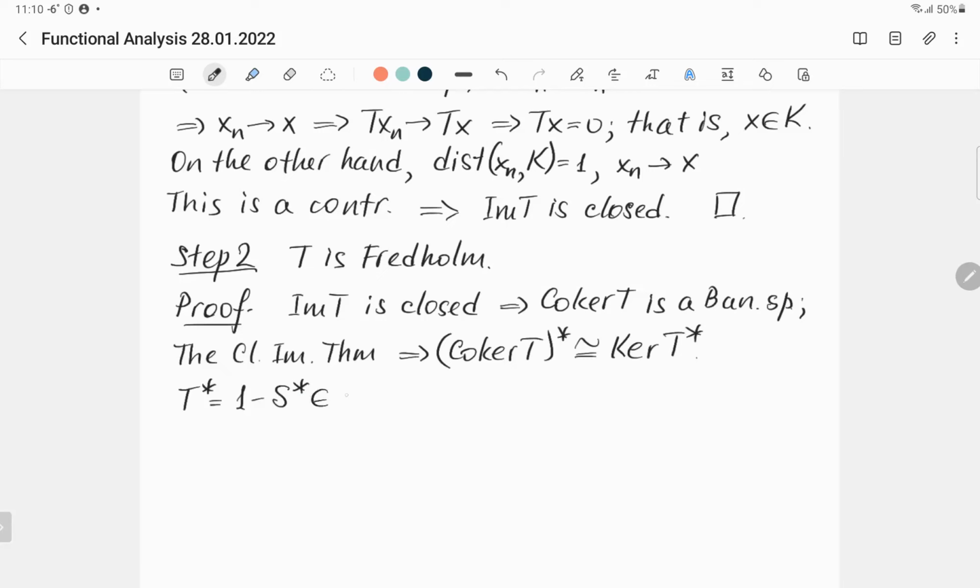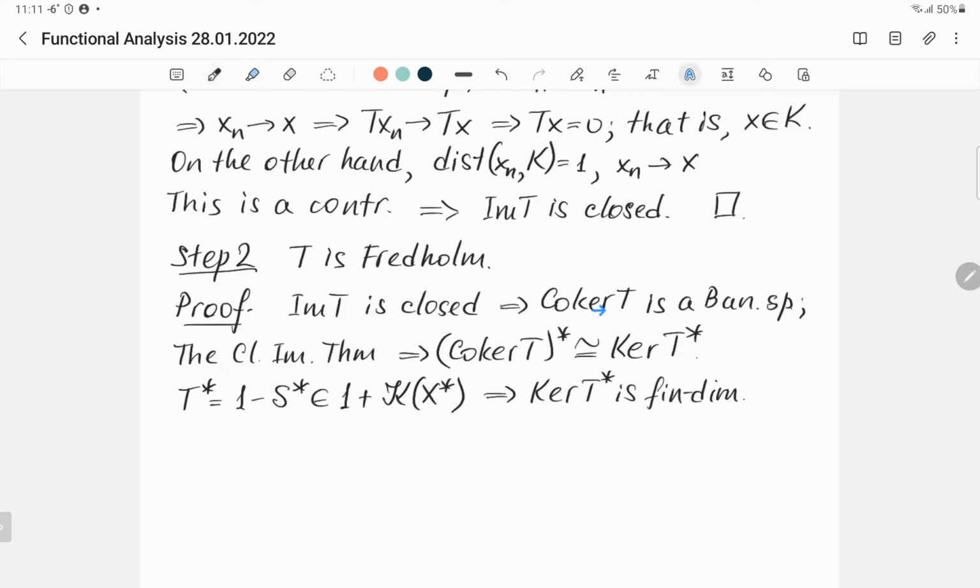So this operator is also of the form 1 plus a compact operator. And for such operators, we already know that the kernel is finite dimensional by step 1. The kernel of T star is finite dimensional.